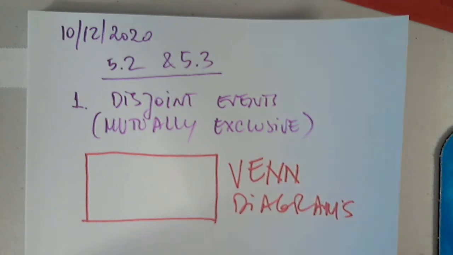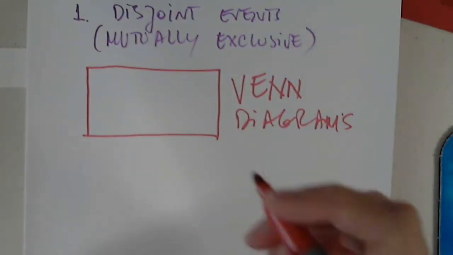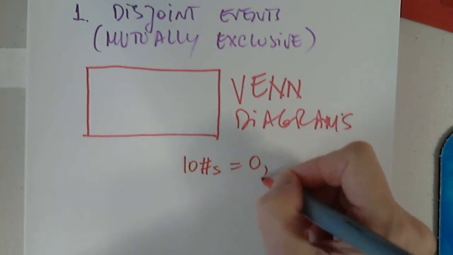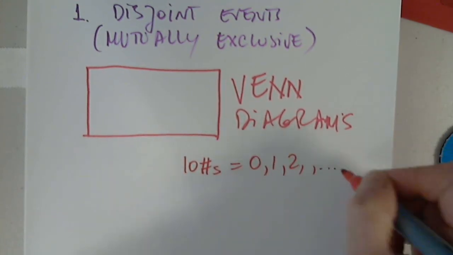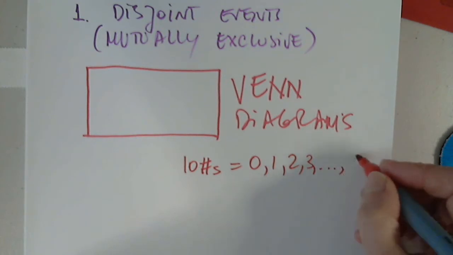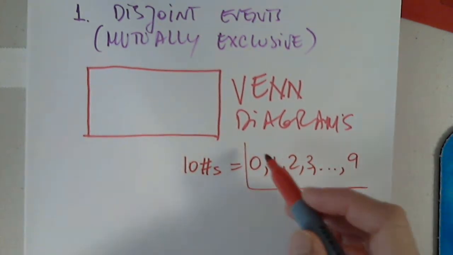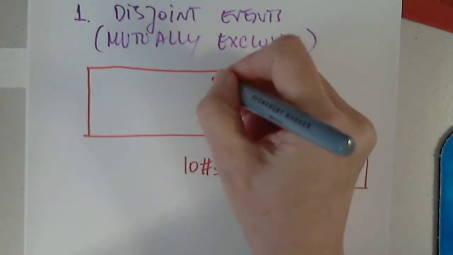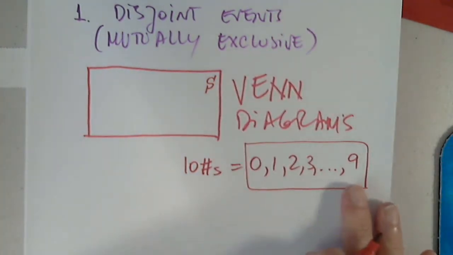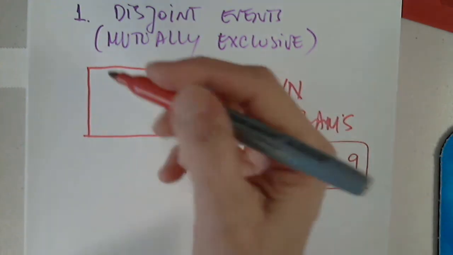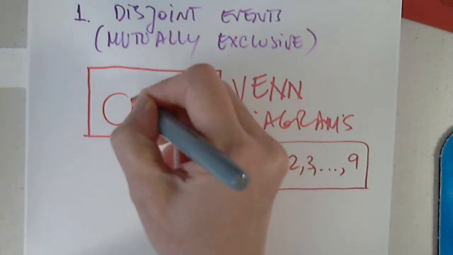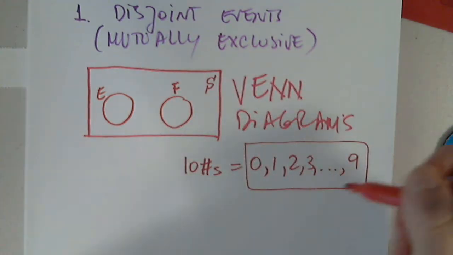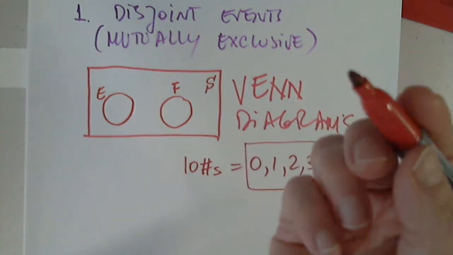So let's suppose we have 10 numbers. And they are 0, 1, 2, 3, ... 9. 10 numbers. This is what is called the sample space. Everything. That's all we have. So let's suppose we have two events, event E and event F. And we can put in anything you want.